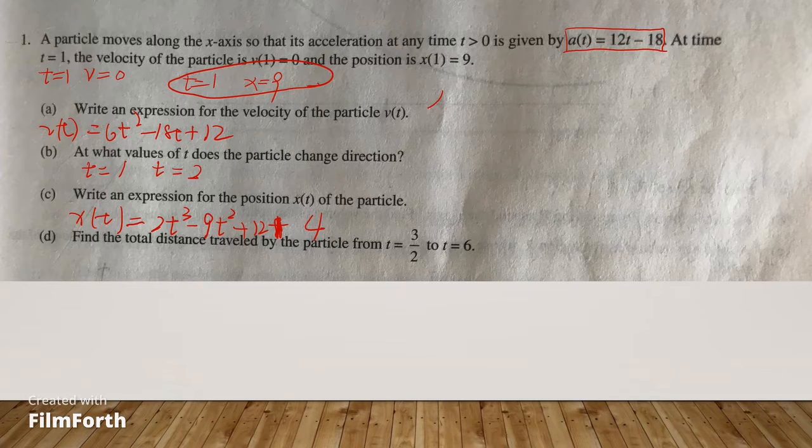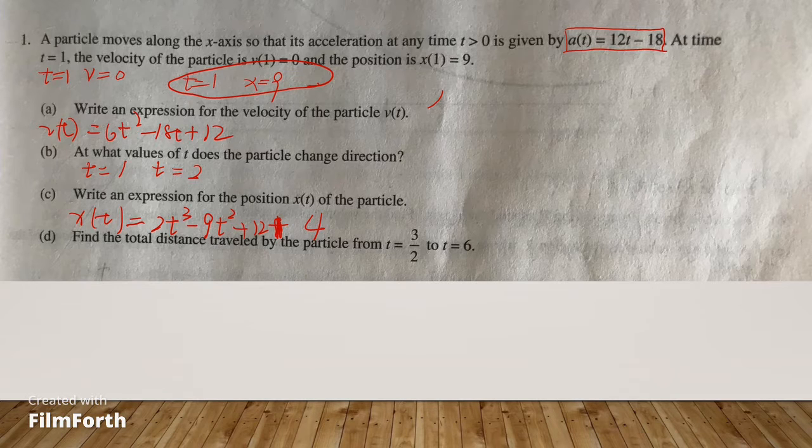Like I said many times before, anytime we have a question to find the total distance of a particle, we need to watch out whether the particle changes direction. If so, we have to break the integration into two parts.